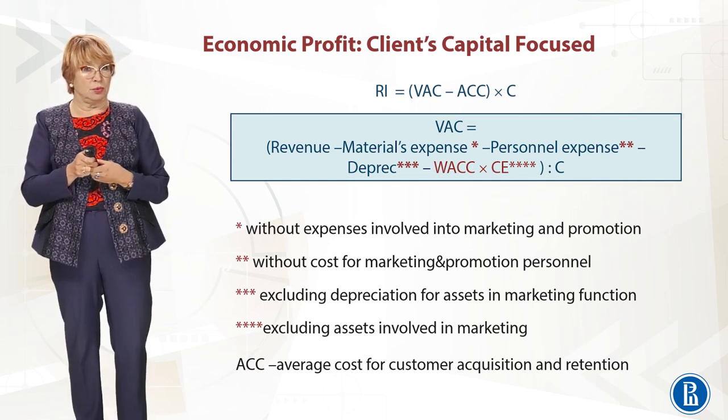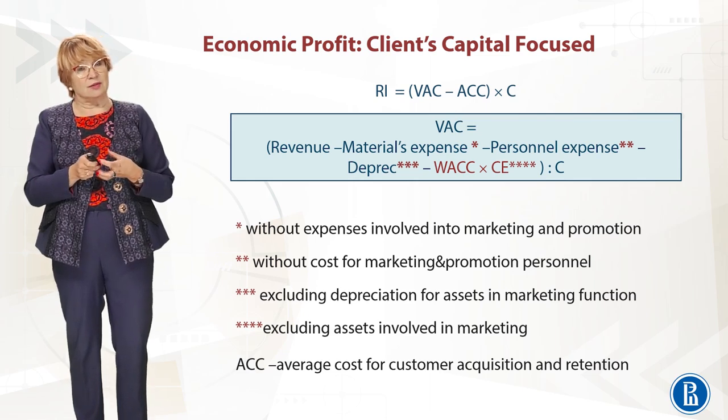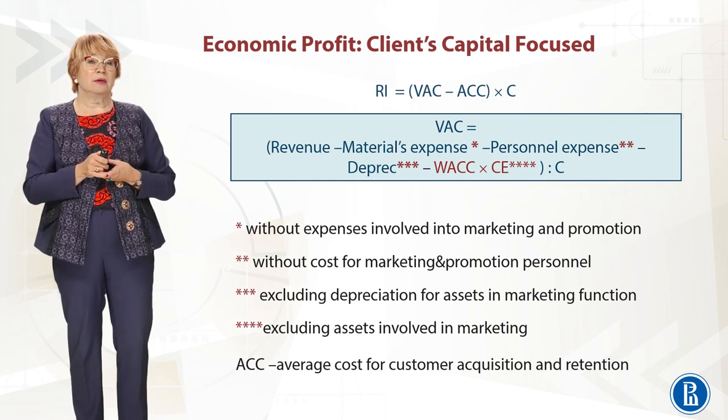And again, what we may say, the company is increasing the value in case when value added per customer, of course, is positive, and when comparing value added per customer, we get much above the average cost per customer.